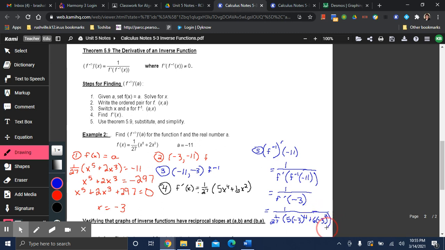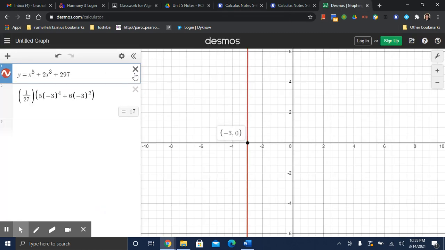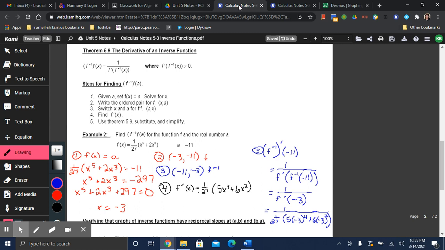And again, I didn't want to do that calculation, so I used Desmos. I typed it in. I only typed in the denominator. So it's this line right here, and unbelievably, that equals 17. So the answer for this problem is 1 over 17.